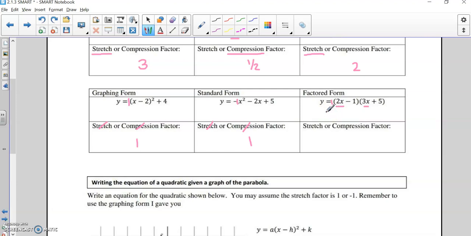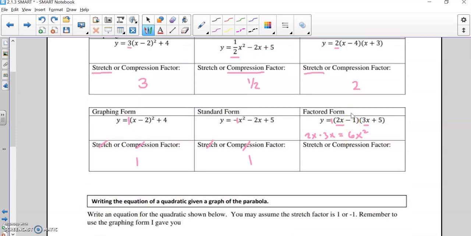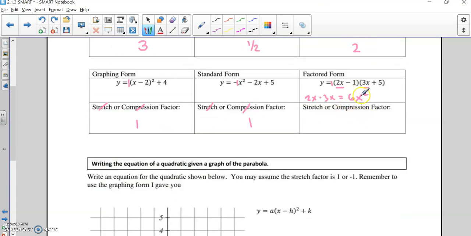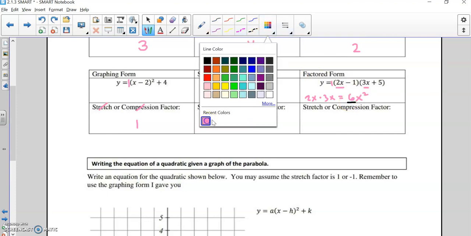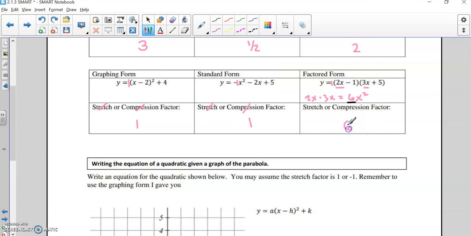If we did 2x times 3x, we would get 6x squared. And that means that just like in our standard form equation, the number attached to the x squared is our stretch or compression factor. So for us, it would be this 6. And again, because it's a number greater than 1, it would be a stretch.